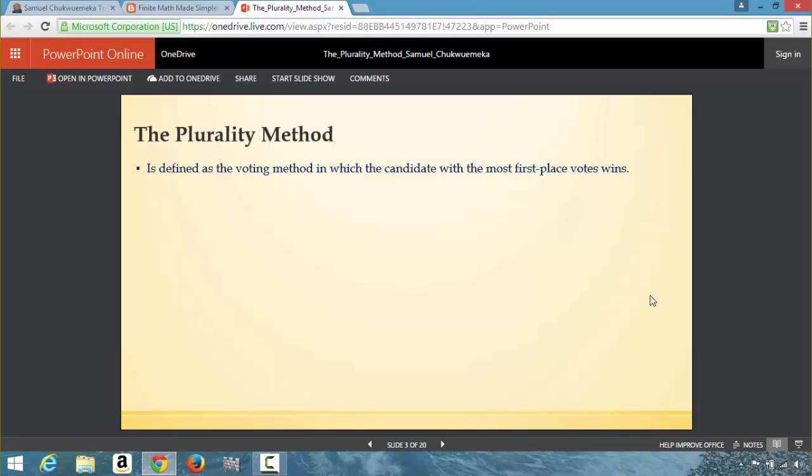So he has the most first place votes, but he is not the majority candidate. This method is used by several states, counties, cities, local governments, and sometimes by some parties to project their candidate. That candidate must be very popular to make at least 51% of the vote. That candidate must be a majority candidate.